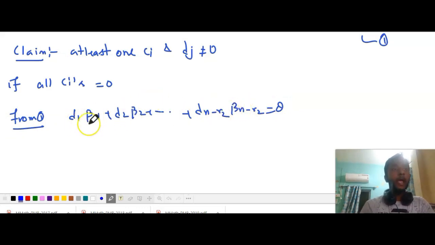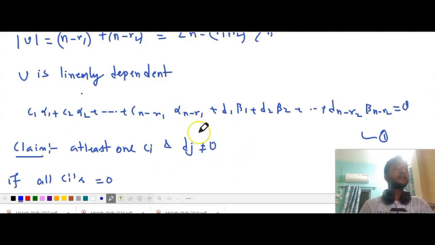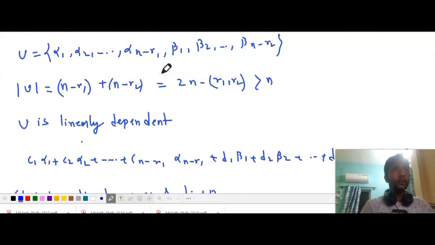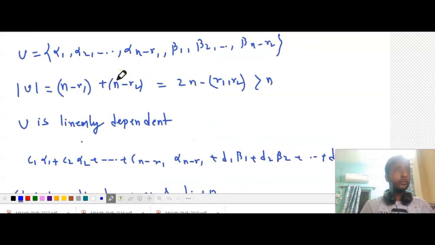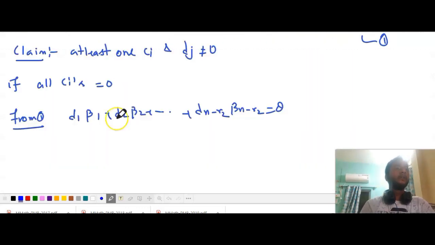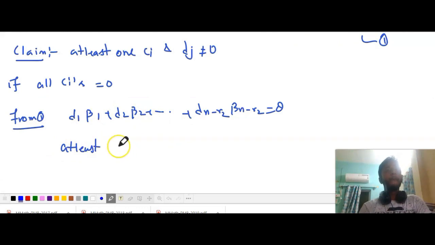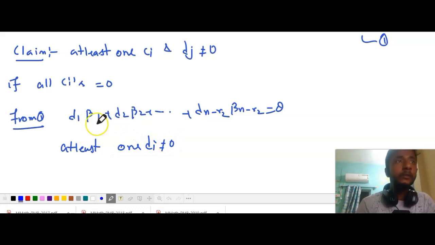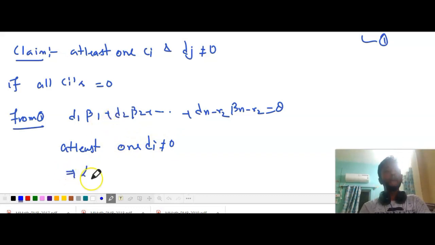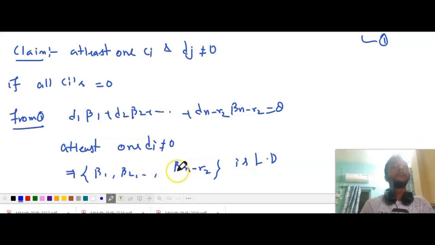Now, as this is a linear combination, from this I can conclude that at least one Di is not equal to 0. Now at least one Di not equal to 0 implies beta 1, beta 2, dot dot beta n minus R2 is linearly dependent, but this is a basis of kernel of B, so it must be linearly independent, which is a contradiction.